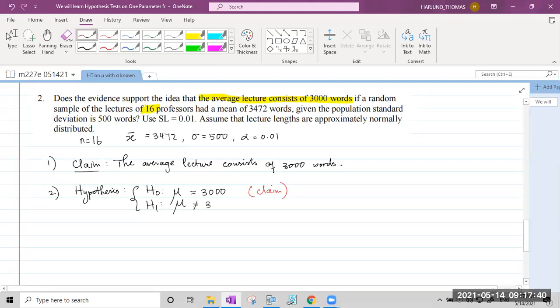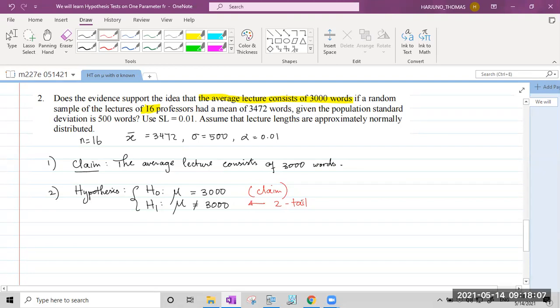Now to say that it is not 3,000, you need to come up with an evidence that is significantly different from 3,000. And to say significantly different means it is significantly greater than 3,000 or significantly less than 3,000, not around 3,000.